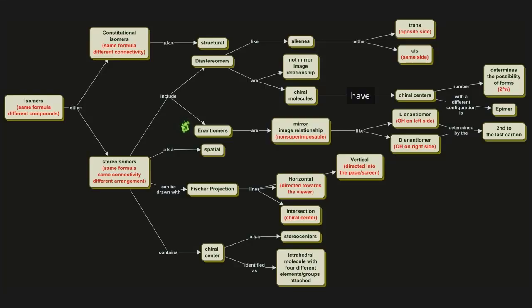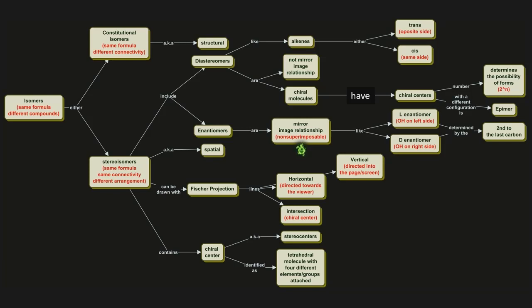Now stereoisomers have different types. The first type that we are going to talk about here is enantiomers. Enantiomers are stereoisomers that have a mirror image relationship. However, they are not superimposable.